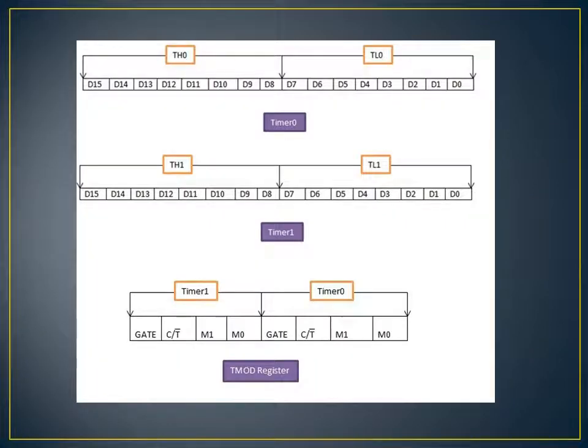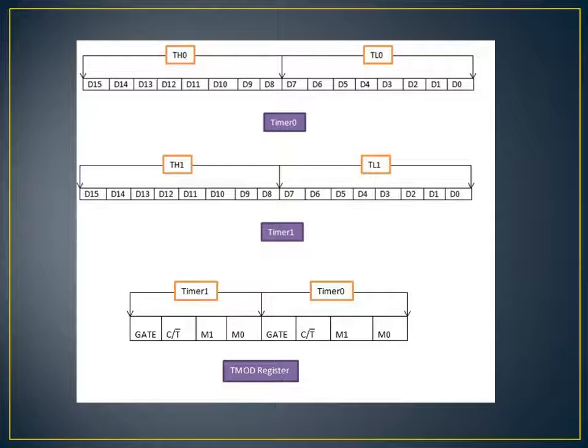Here is the format of the TMOD register. From D0 to D7, TL0 values are put. Then from D8 to D15, TH0 higher values are put. This is for timer 0.